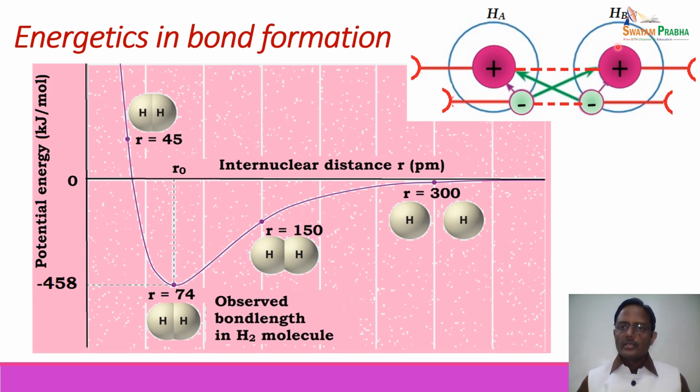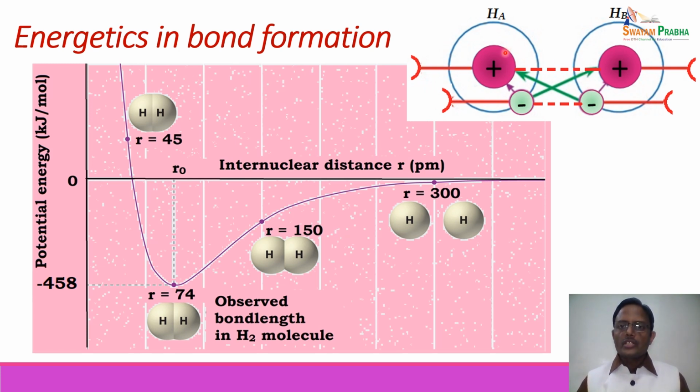First, this nucleus will attract the negatively charged electron of the second hydrogen atom. Similarly, the electron on the second hydrogen atom is attracted by the nucleus of the first hydrogen atom. So there are two attractive forces between a nucleus and the electron of the other atom.